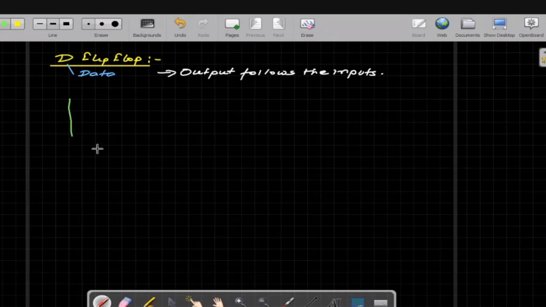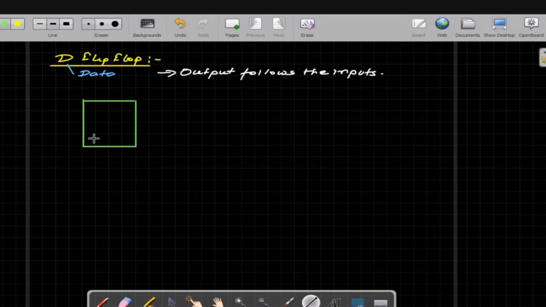So this makes a difference. Now first I will make this D flip-flop with the SR flip-flop, and then I'll design the D flip-flop with the JK flip-flop.